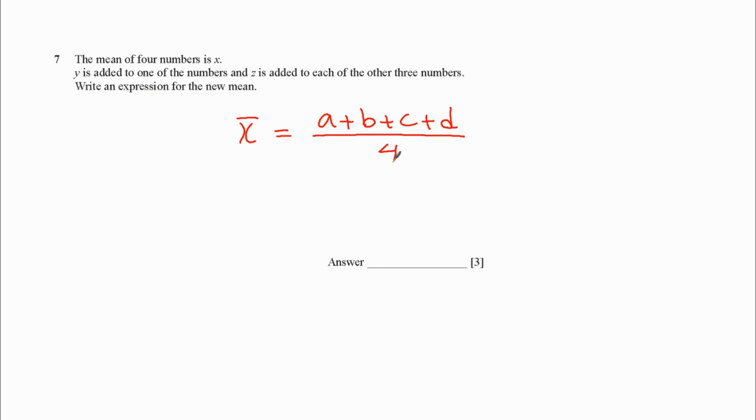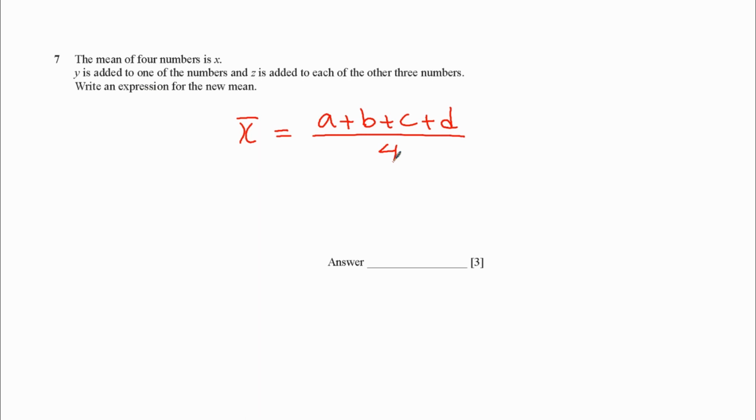Now, y is added to one of the numbers and z is added to each of the other 3 numbers. Write an expression for the new mean. So, as you can see, x bar equals a plus b plus c plus d divided by 4, and those a, b, c and d are our 4 numbers.